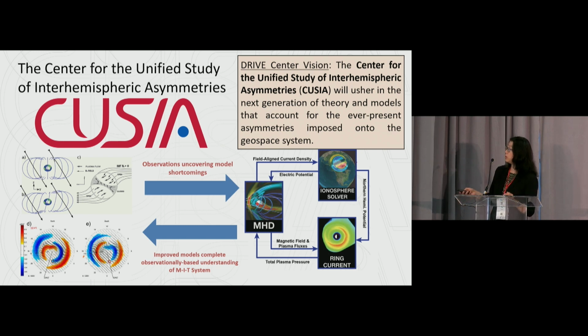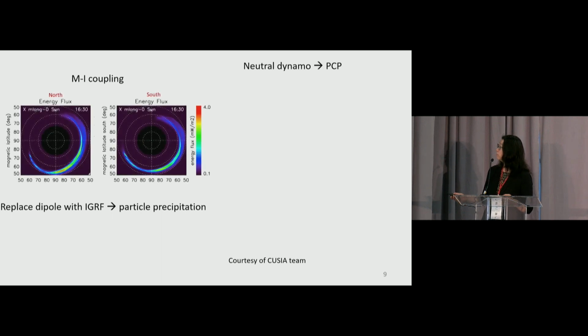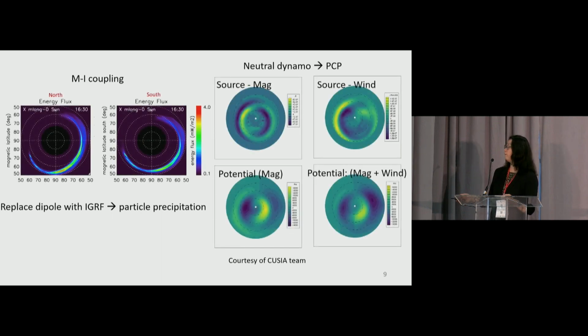Their approach is to start from observation, then uncover the model shortcomings, and then use the improved model to complete the observation-based understanding of the IT system. I would like to show a couple of quick highlights from the effort of those teams.